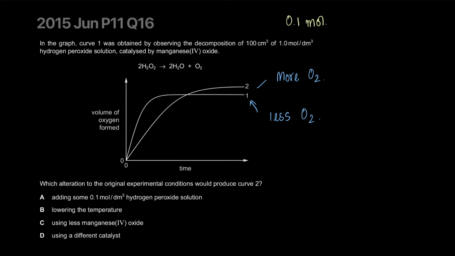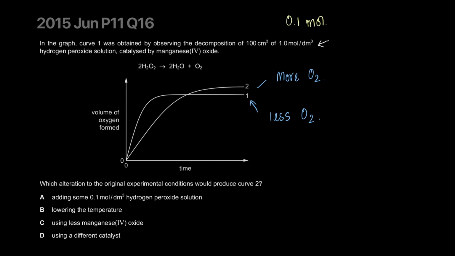Which alteration? Adding 0.1 mole per decimeter cube hydrogen peroxide into the solution. Now currently the concentration is 1 mole per decimeter cube. You're adding it, so your graph will become higher, so that's true.